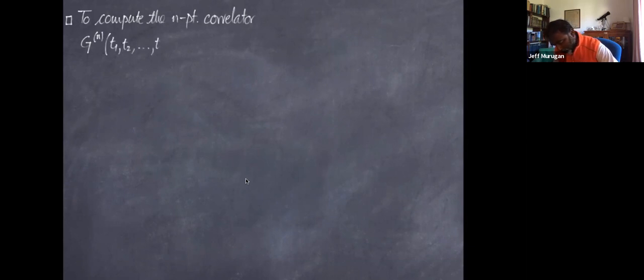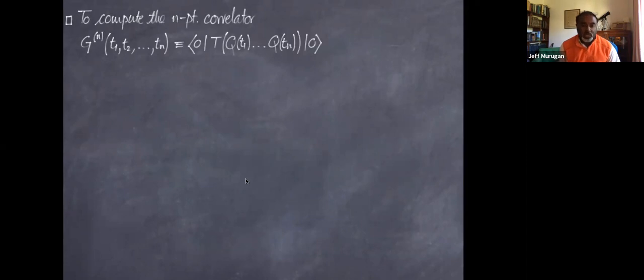So to compute the endpoint correlator, Gn of T1, T2 through Tn, which recall was this guy, what we do is we simply insert a corresponding set of insertions into the path integral.